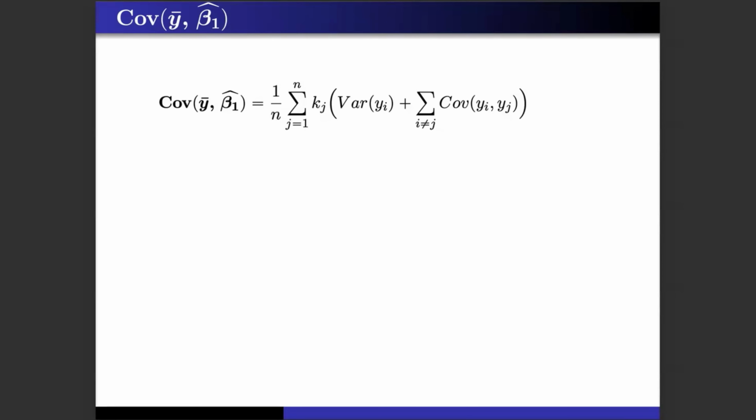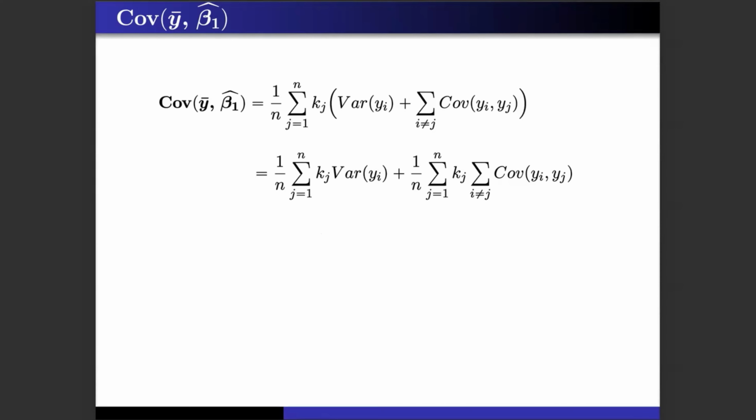And we would have covariance between y bar comma beta 1 hat is equal to 1 divided by n summation over j of kj times variance of yi plus summation i not equal to j covariance between yi comma yj, and this we get using the property of covariance. In the next step, we use the distributive property for multiplication. So we multiply 1 divided by n summation over j kj with both the terms we have inside the parentheses, and we get this expression.